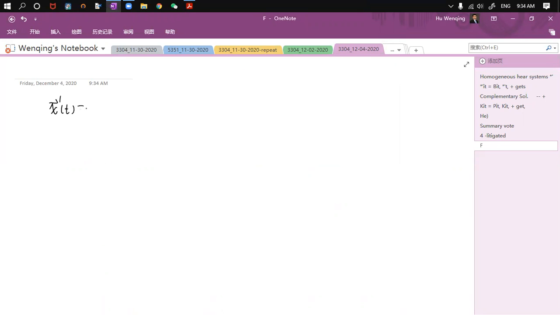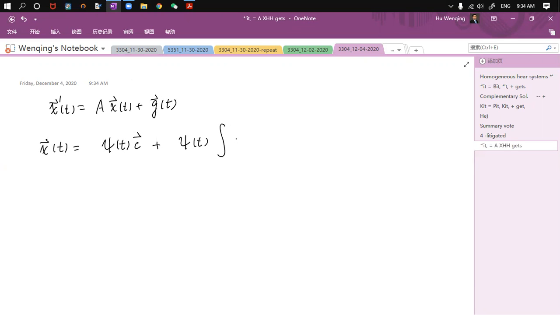On an exam, you have to tell me that the general solution is the fundamental matrix multiplied by a constant, plus the fundamental matrix times the integral of the fundamental matrix inverse of t multiplied by g(t) dt. That's the formula.